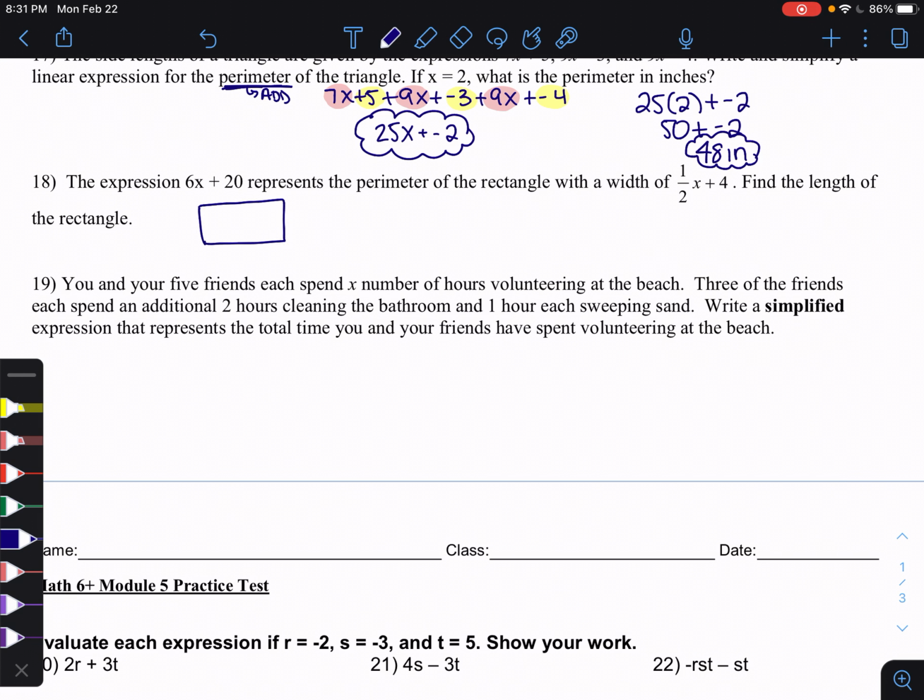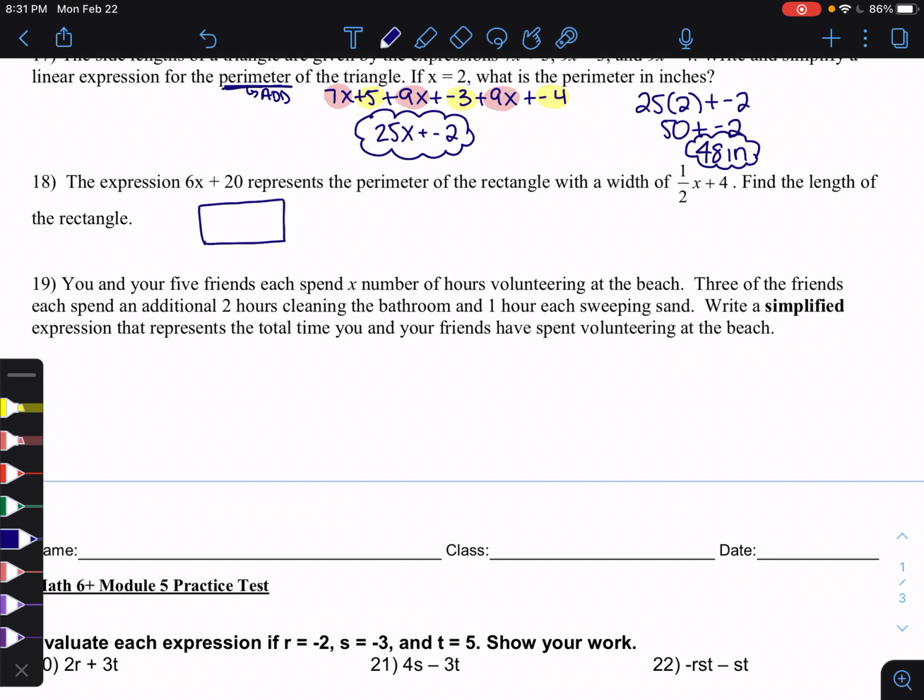If I add both of those together, I get 1x plus 8, because a half plus a half is 1 whole. Okay. So my two widths together are going to be x plus 8. So then I'm going to do 6x plus 20 minus x plus 8, because I'm going to subtract the widths to figure out what is left.